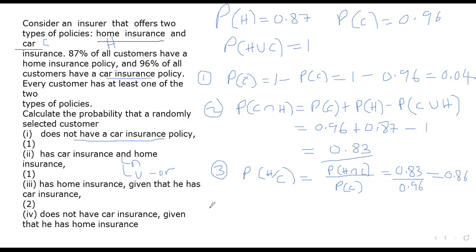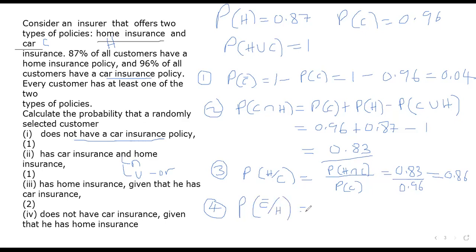Okay, then lastly, I'm told, what's the probability that he does not have a car insurance given that he has home insurance? Can somebody give us a notation? It's the probability of car insurance complement given home insurance.